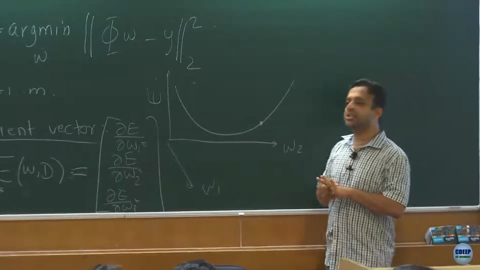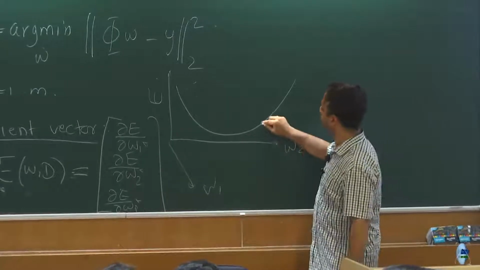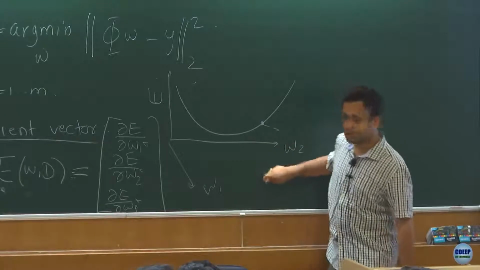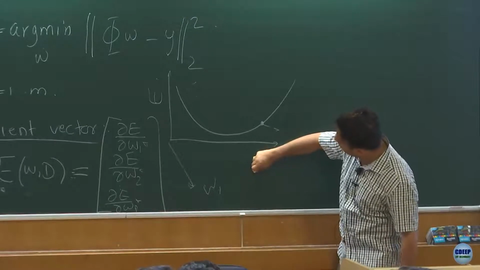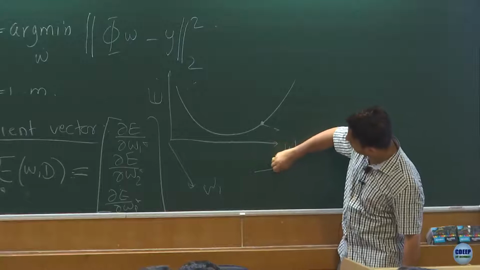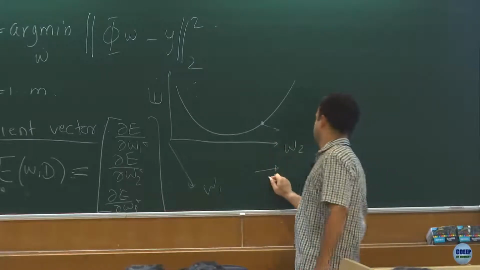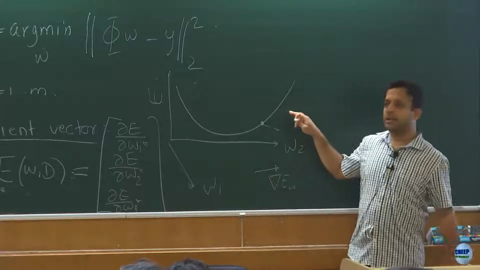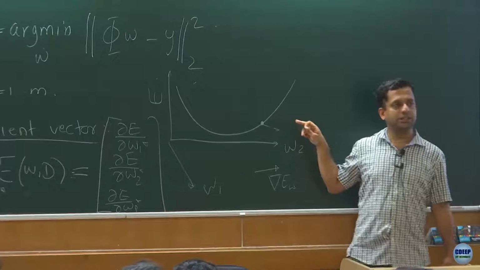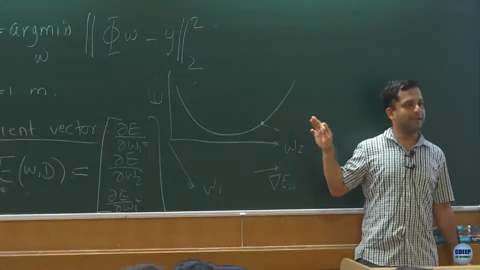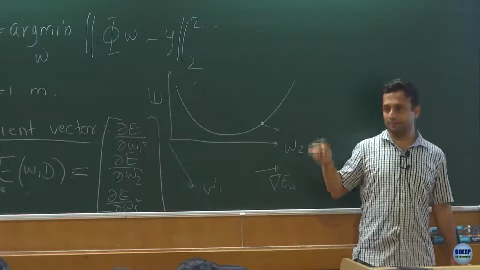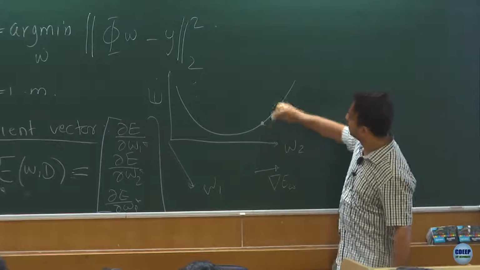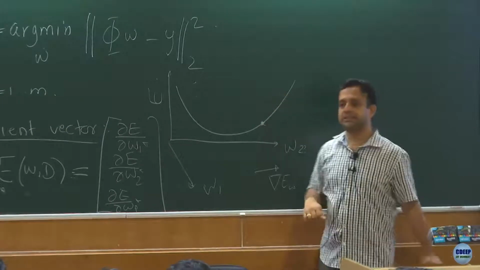So it gives you an indication of in which direction you should move. The gradient vector is completely in this plane, right? So it's telling you in which direction you should move so that the function increases by the maximum amount. So this is basically the gradient direction. Exactly.